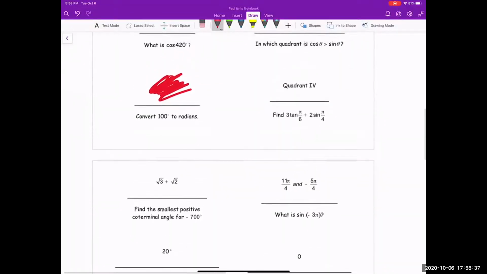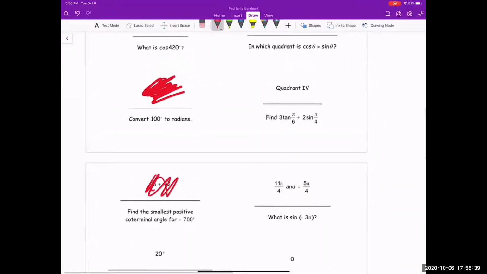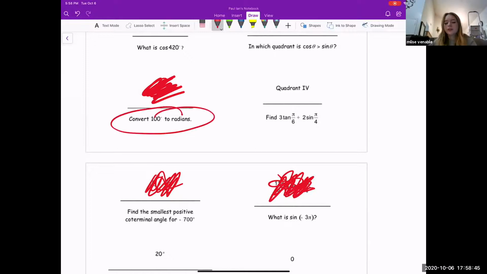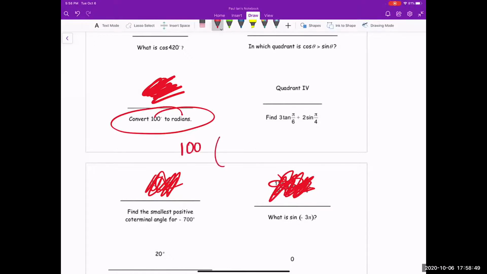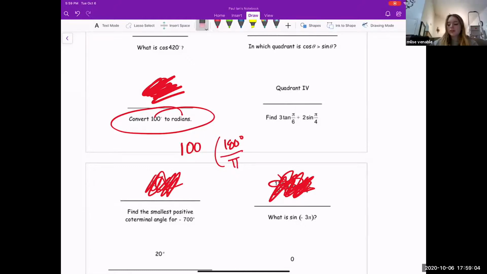Convert 100 degrees to radians. Let's see if you can do these ones. Try just doing that one, the formula, right? What am I doing?